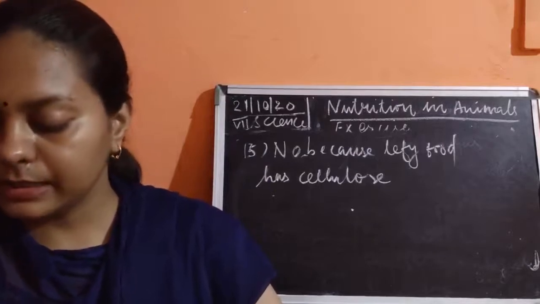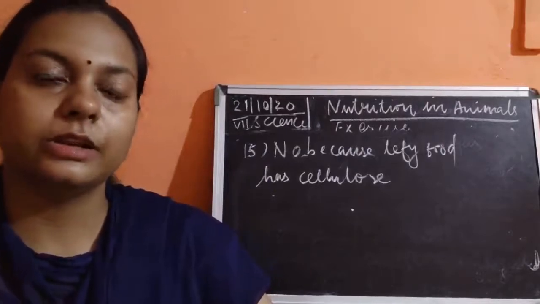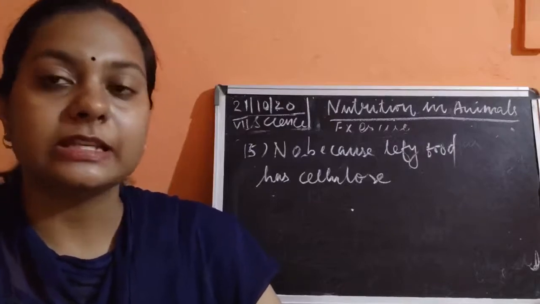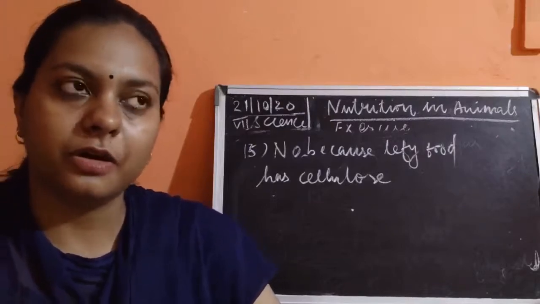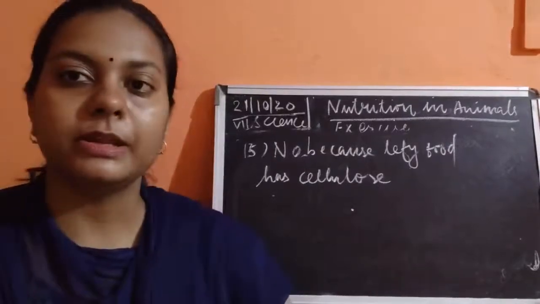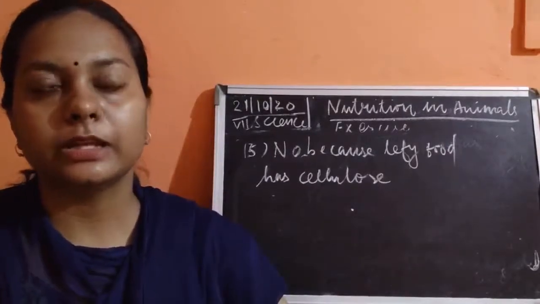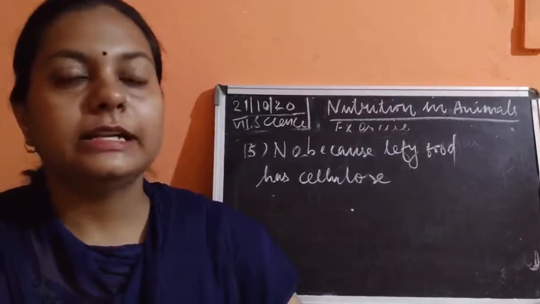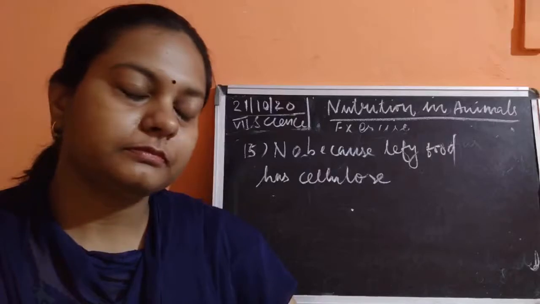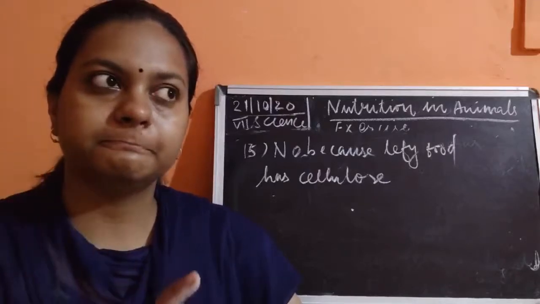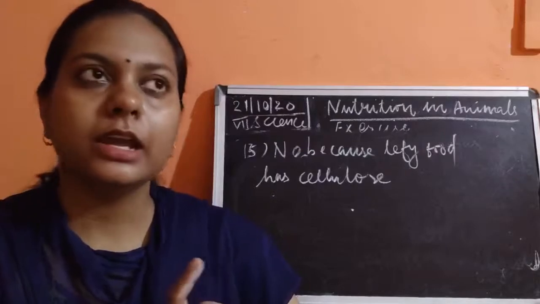So where does it take place? This takes place in the ruminants, because the ruminants have a stomach which is specially designed for the digestion of such complex cellulose. This complex cellulose is easily digested with the help of enzymes secreted from the animal's intestine. Why?